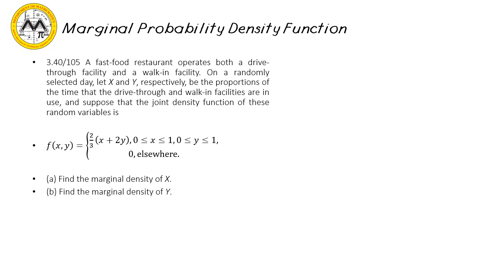So let's have marginal densities. Find the marginal densities for x and y, if we are given f sub xy is equal to 2 over 3 times (x plus 2y), where x is from 0 to 1 and y is also from 0 to 1.